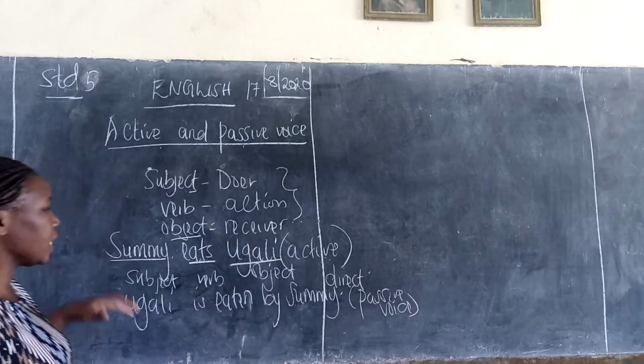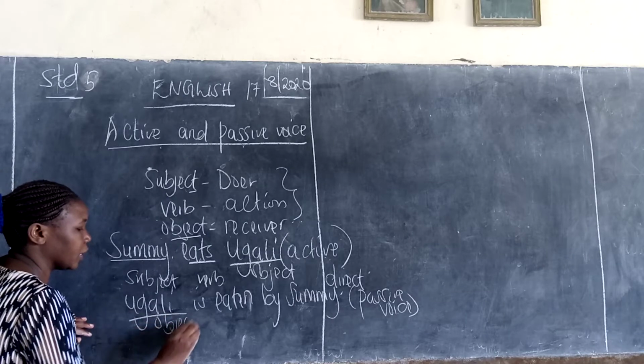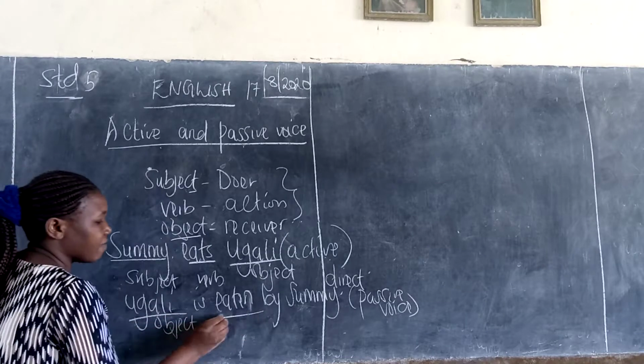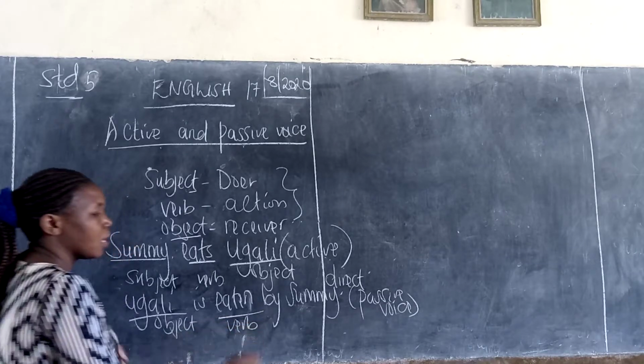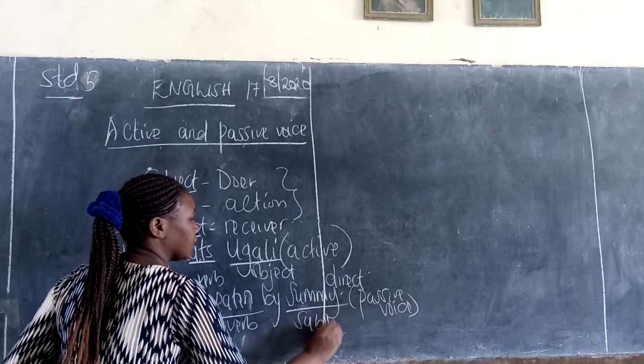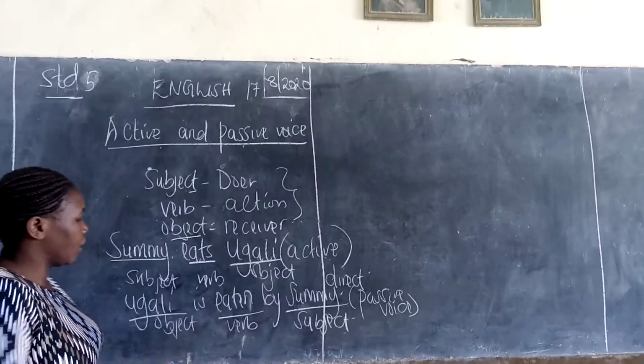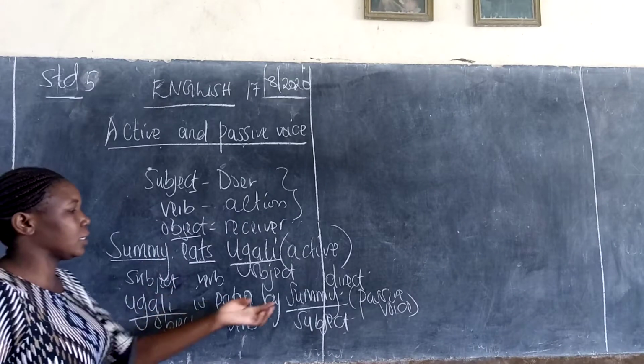Now we start with an object, then a verb, then we end with the subject. Our sentence ends with the subject. When you are talking about passive voice, we say that ugali is eaten by Sammy.